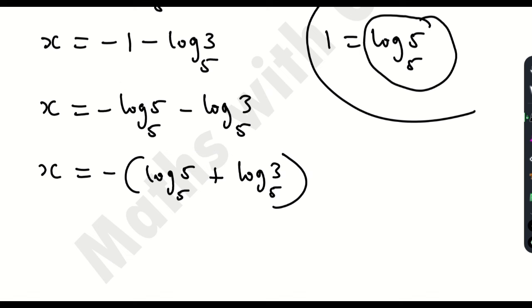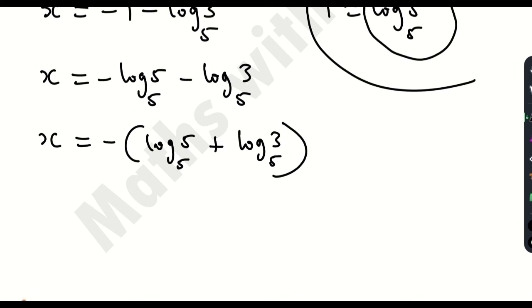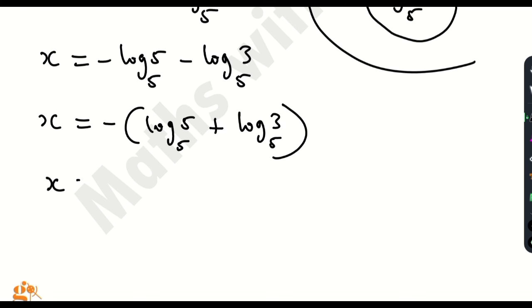Okay. So from the product rule in logarithm, see, they have a common base of 5. Since we're adding, I'm going to multiply their argument and make them a single logarithm. So x will be equal to minus log 5 times 3. Notice from here and from here.